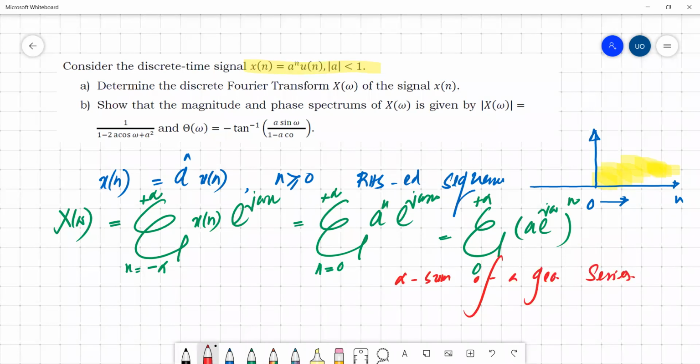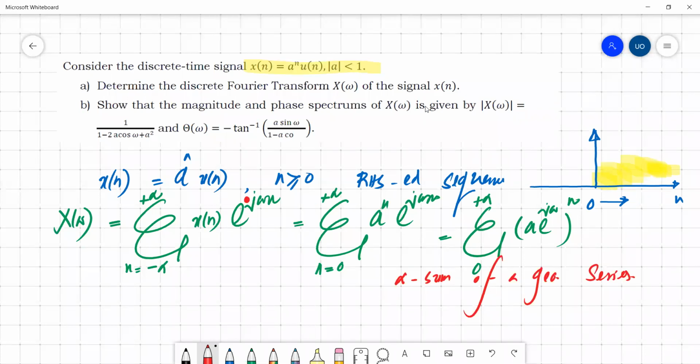We know that if it is a converging sum, so this should be... I actually couldn't remember whether it's plus or minus, so better to check the definition. If it is minus, then it should be minus here. I couldn't remember whether the definition is e to the power minus j omega n or plus j omega n. Depending on that, I'll put some mark here, so please check that.